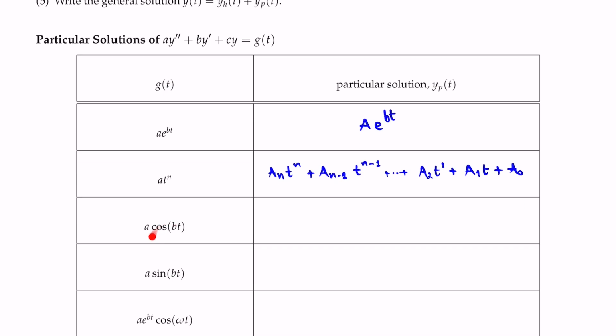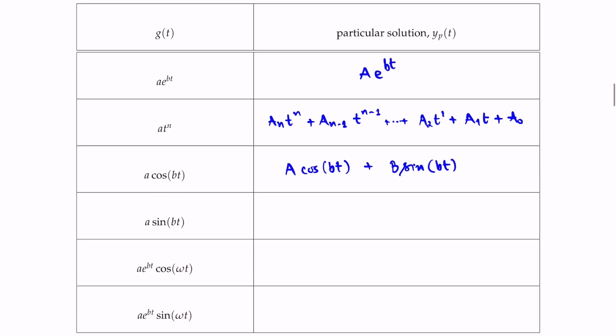Now for sine and cosine, you have to make a guess as a linear combination of both sine and cosine functions. So if you have a times cosine of bt, the guess should be capital A times cosine of bt plus capital B times sine of bt. Similarly, for a times sine of bt, the guess should be capital A times cosine of bt plus capital B times sine of bt. So the trial solution for these two cases is the same.